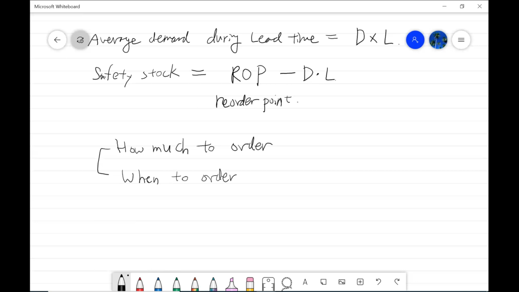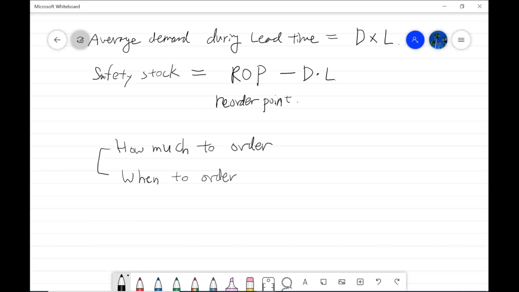So go back to the continuous review system and the periodic review system. The reason we classify any inventory system in terms of how we watch over the inventory, as either the continuous review system or the periodic review system, is that the way you decide when to order and how much to order could be very different.